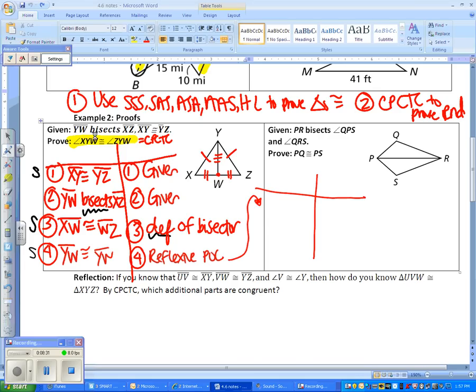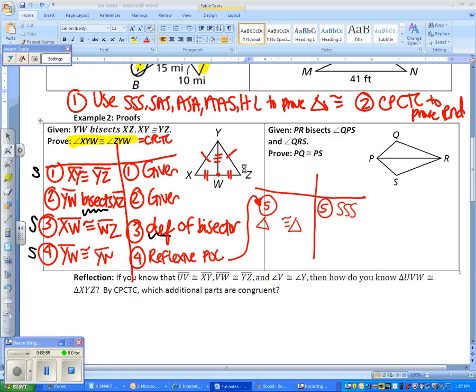Now I'm ready to prove that my triangles are congruent, and that's the first thing I told you to do. So we're almost done with this proof. For step 5, I know these triangles are congruent by side, side, side. Now I have to state that those triangles are congruent, and this is where our triangle congruency statements come in handy.